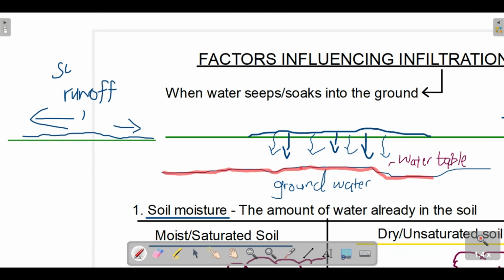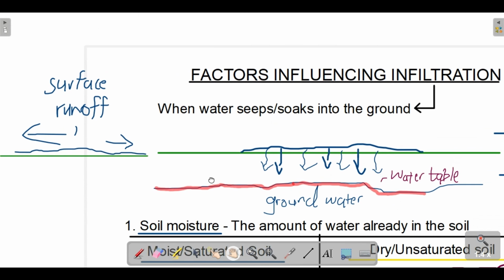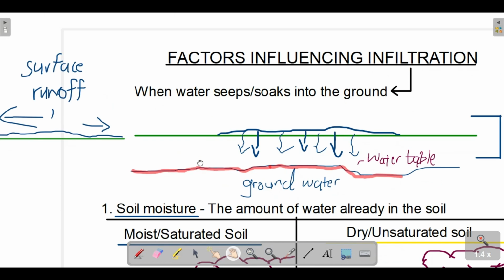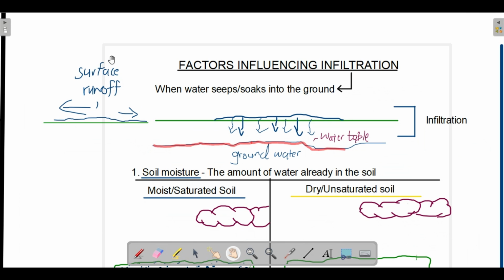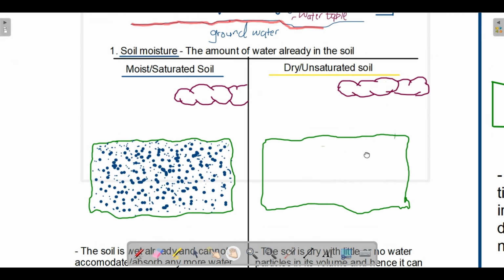So we call it surface runoff. This is when water runs on top of the surface instead of seeping into the ground. These are directly opposite. If water does not infiltrate, then it will become surface runoff. Now, there are a lot of factors that determine whether we are going to have more surface runoff or more infiltration. So let's get into it before we waste any time.